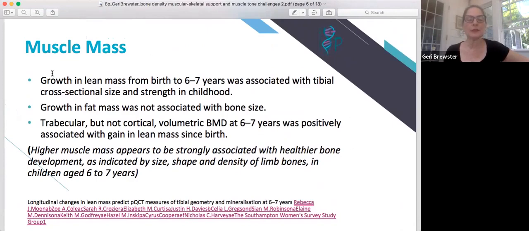So this, in terms of muscle mass, this particular study I grabbed because it was really more to do with, from a dietary standpoint, how protein and muscle development, and then this gets into the muscle tone component, is in the literature.